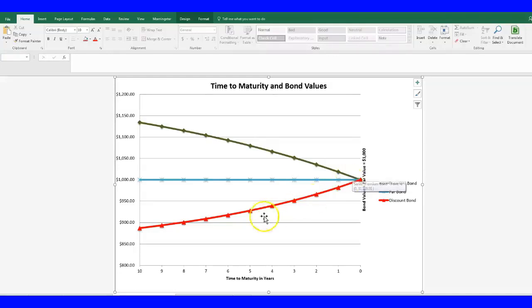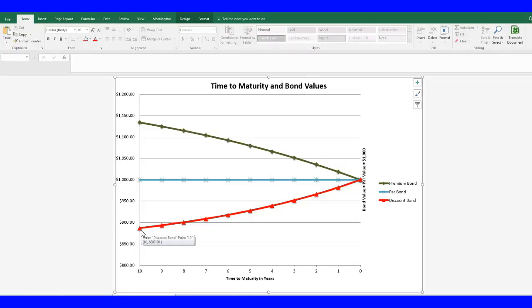Likewise, if we purchase a discount bond, a bond that, in this example, is paying 10%, but all other bonds in the market are paying 12%, to entice somebody to buy that, the price would have to be lower than $1,000.